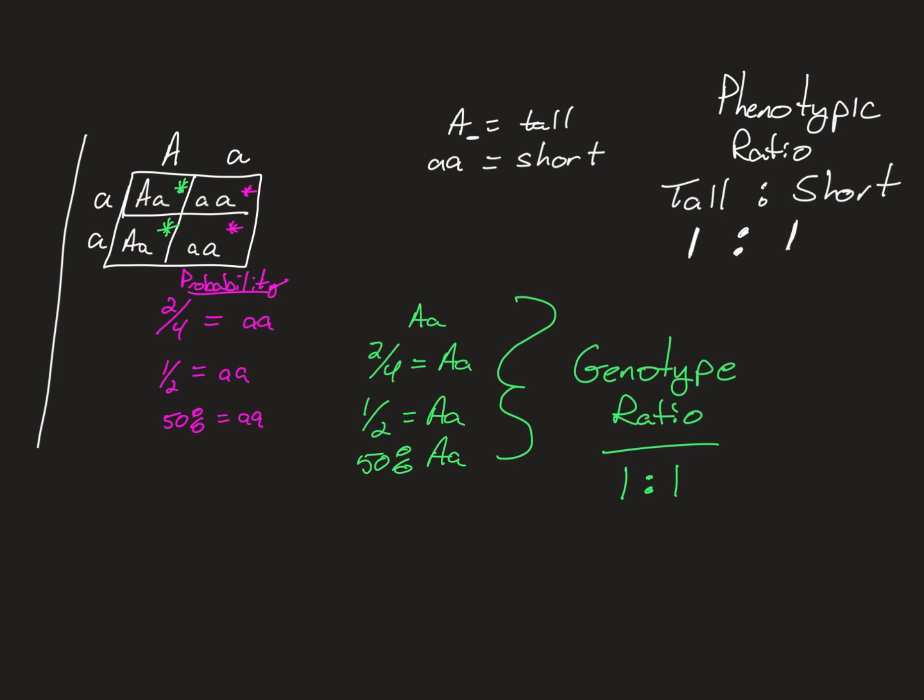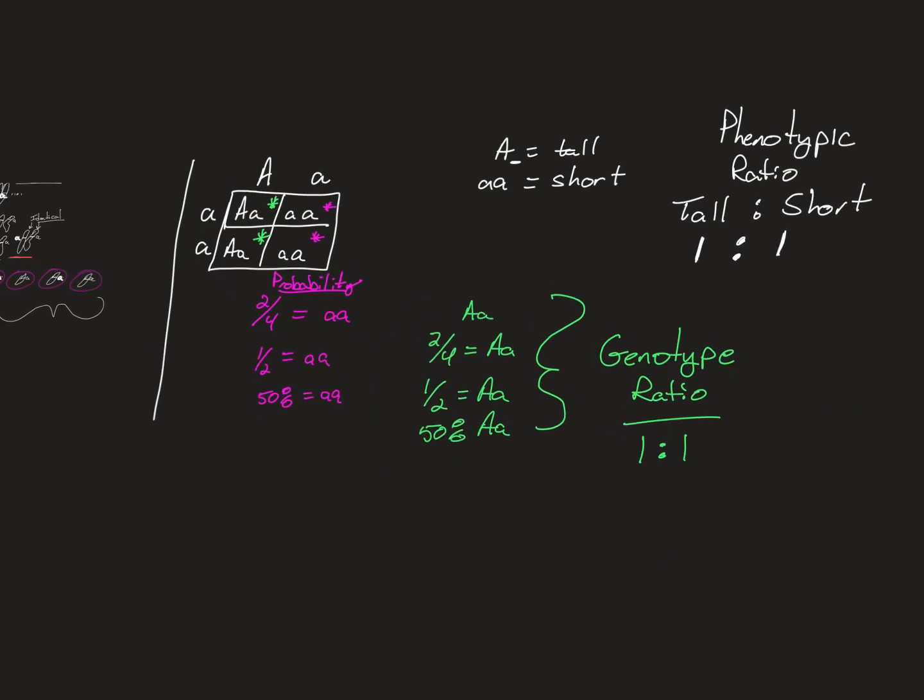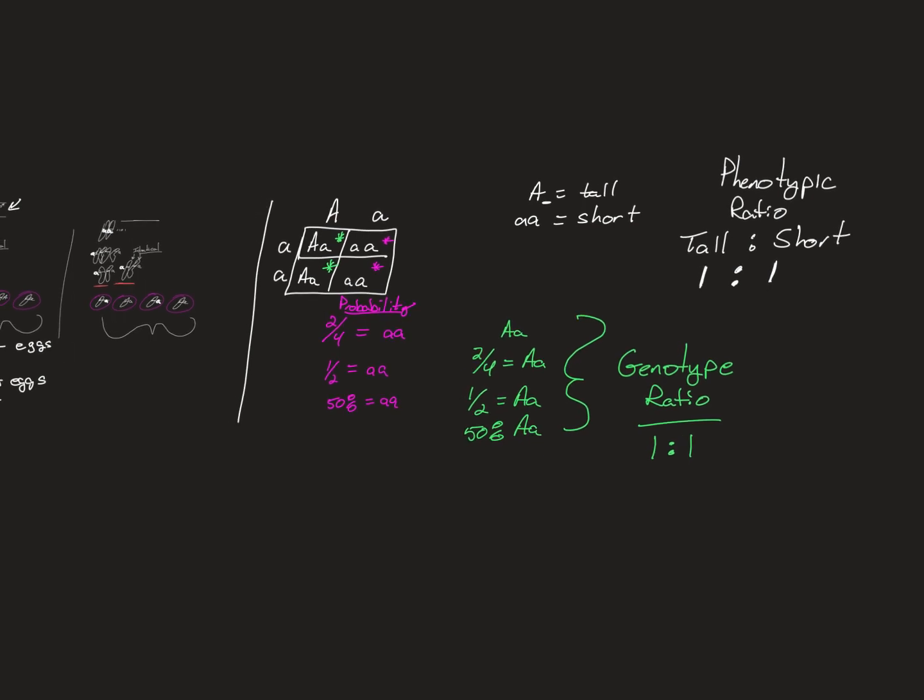If I really just wanted to use plain numbers, I need 2 tall for every 2 short. Well, isn't 2 to 2 reducible to 1 to 1? Okay, so that's how we get it. So that's the probability we have here of getting this phenotype or this genotype, 50-50. And it's also the ratios are here.